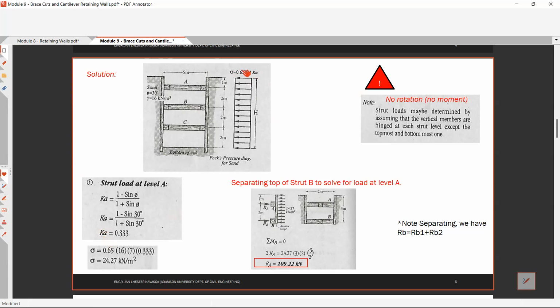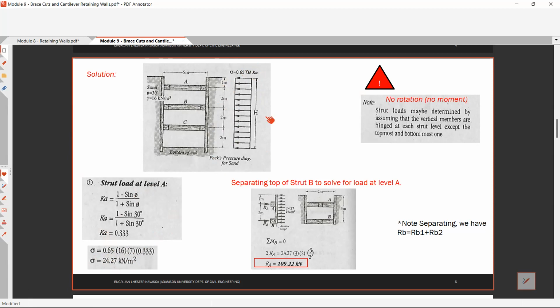Then your pressure is 0.65 gamma H times Ka, where gamma is 16 and H is 7 meters, since 2 plus 2 plus 2 is 6, plus 1, that is 7 meters. Therefore, your pressure is 9.7 kilopascals.